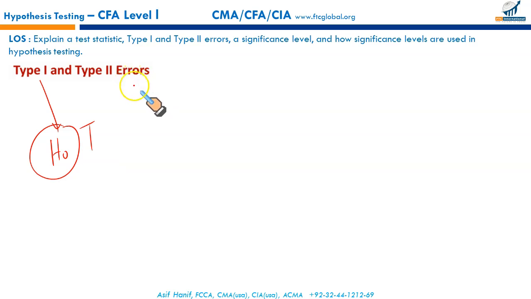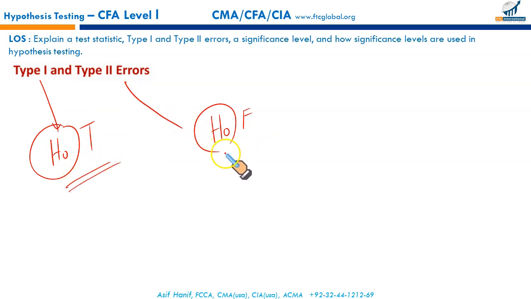And to the contrary, type 2 error is the failure to reject a false null hypothesis. The null hypothesis was false, but we did not reject it. So type 1 error occurs when we reject a true null hypothesis, and type 2 error occurs when we fail to reject a false null hypothesis.